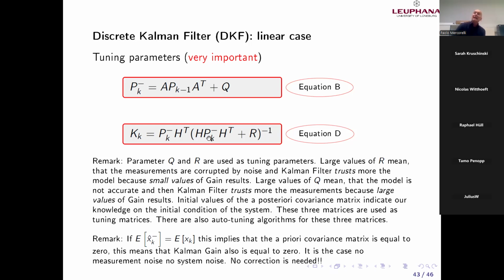What is the meaning, nevertheless, of Q and R? We can see directly from here. Let me consider just one measurement. R is a constant.